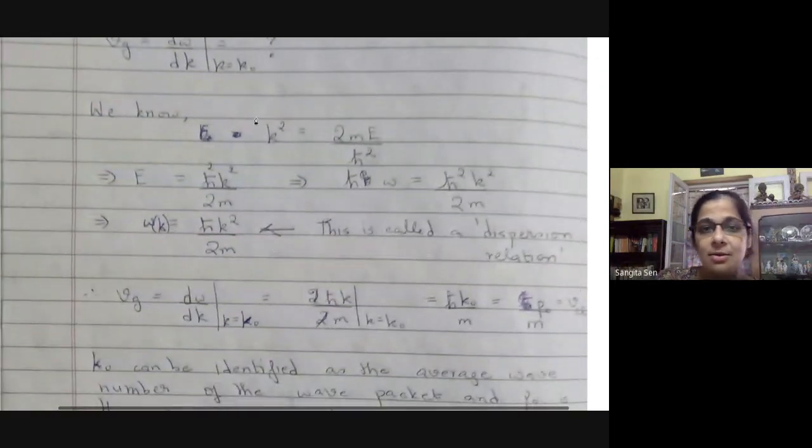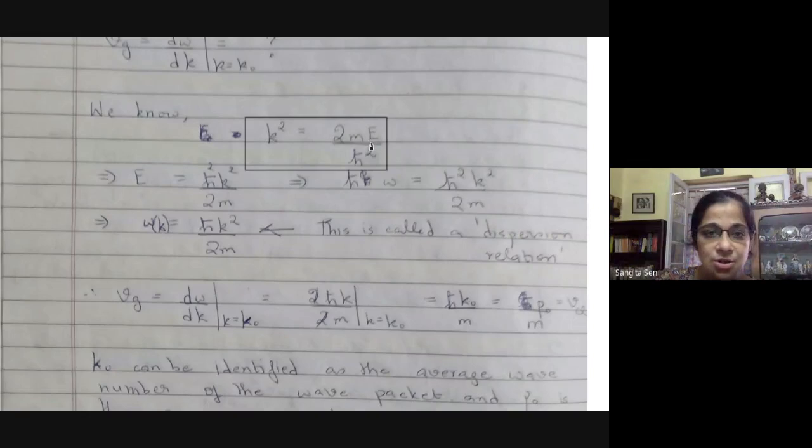So we defined this relation. If you remember, k square is related to the energy of the wave, and then we can rewrite this for the energy expression, relating it with some angular velocity omega. We have h cross omega equals h square k square by 2m, and then we can find out omega is a function of k.